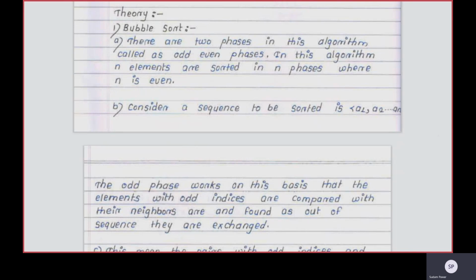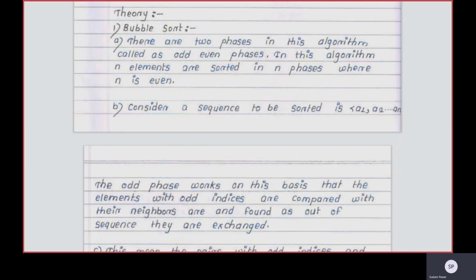In the even step, you have to select the even-indexed elements and compare those elements with the next odd element. If they are not in proper sequence, then you need to exchange those elements in that particular step.